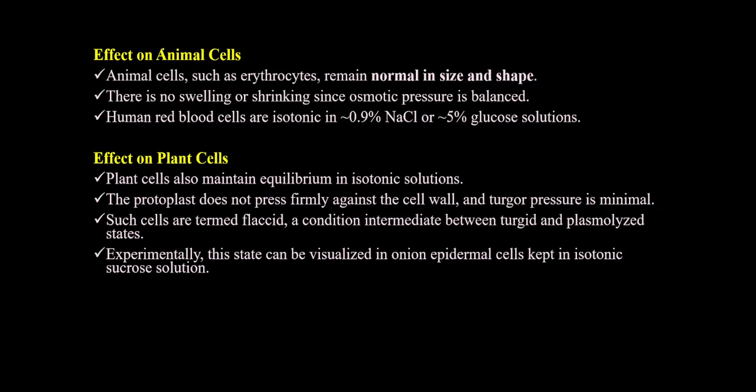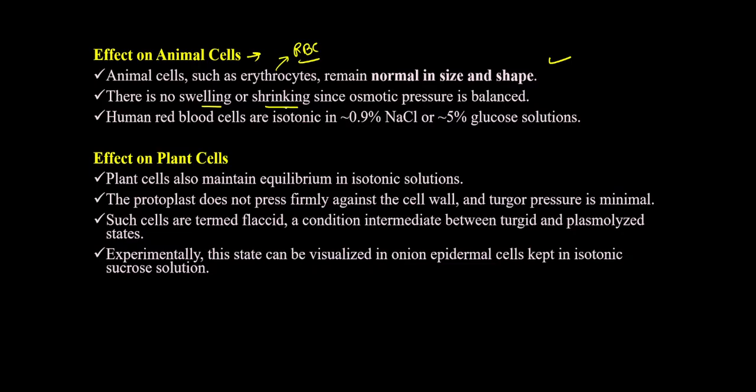Then the effect on animal cells: for example, if we place an erythrocyte or RBC inside an isotonic solution, it will remain normal in size and shape. There will be no swelling or shrinking.